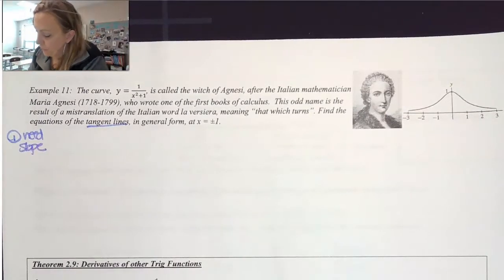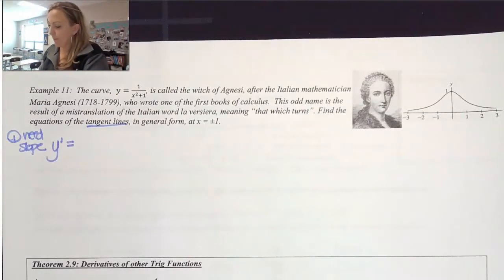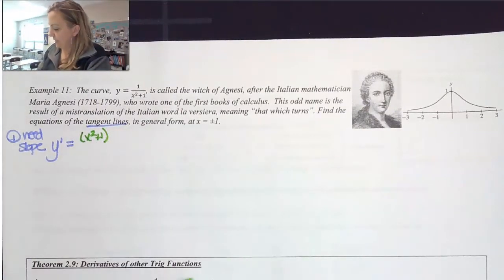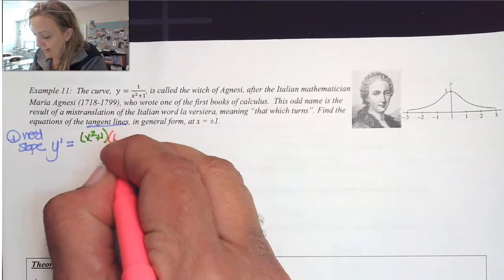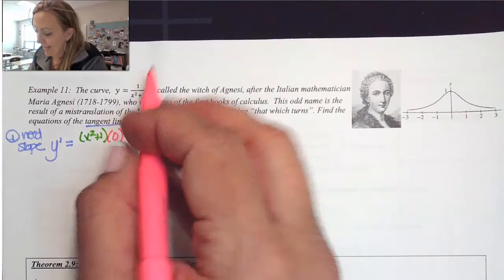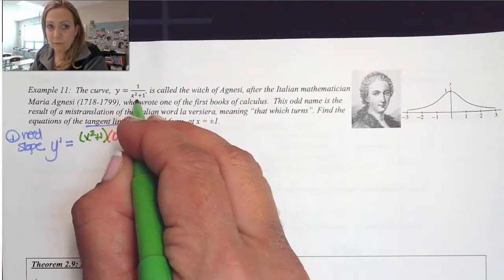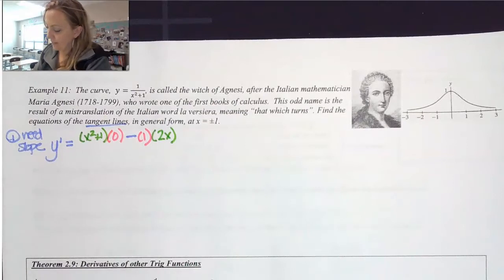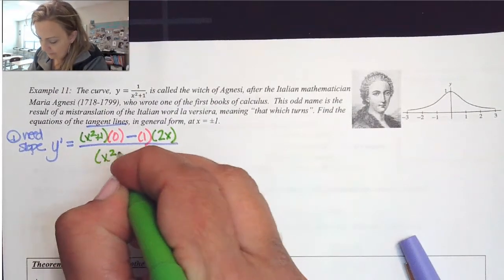Okay, so y prime is going to be my low, which is x squared plus 1, d high, the derivative of 1, it's a constant, is 1, minus my high, which is 1, d low, so the derivative of x squared plus 1 would be 2x, and then all over low squared.